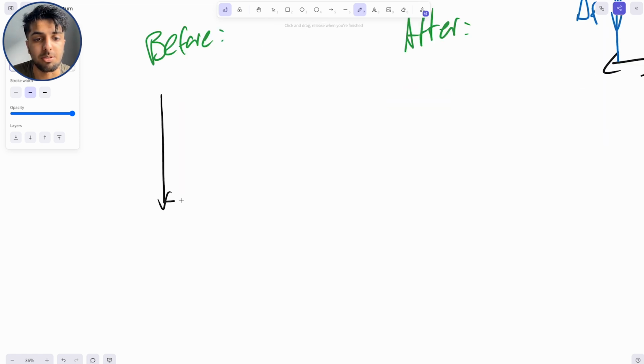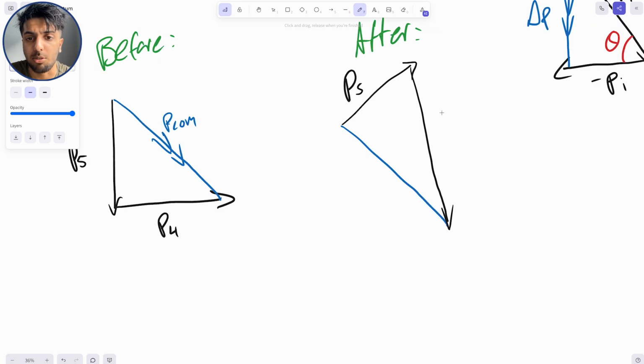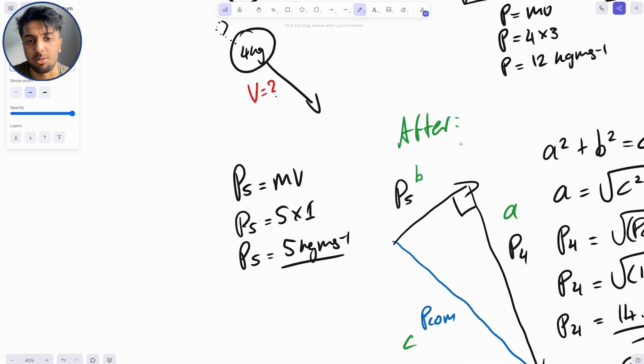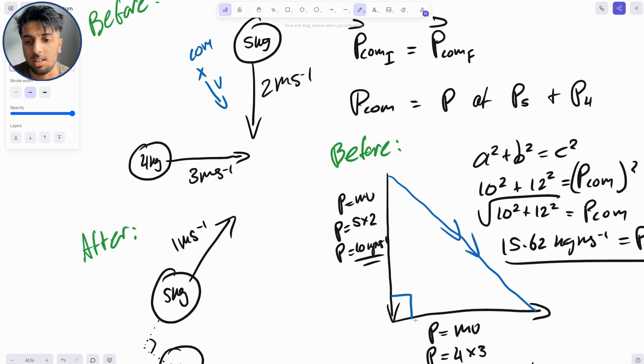We have our P5 going down this way, that's P5, our momentum of the 5 kg mass, and that's our momentum of the 4 kg mass, and then we had our momentum of COM, center of mass, like that. Afterwards we have the momentum of the 5 kg mass like this, the momentum of the 4 kg, and that again is our momentum of the center of mass. We know that this is a right angle, from our previous examples.